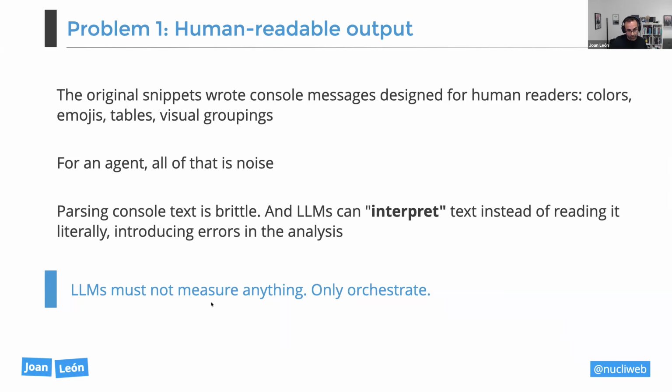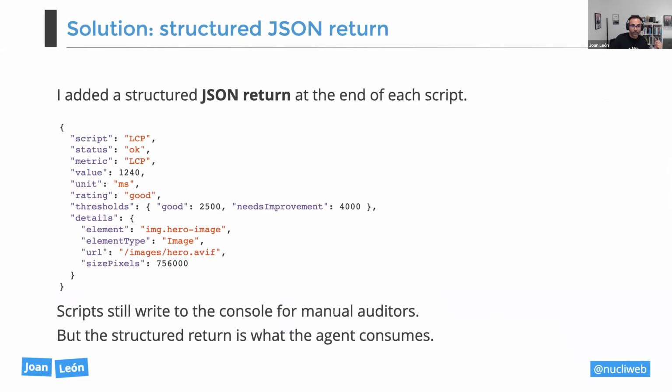So LLMs must not measure anything, only orchestrate. The solution is to create a return with a JSON structure, and the snippet has two outputs. The first one is console.log, which is not really a return. It's a function to show in the console all the messages that we need to check. And the return of the function is a JSON for the agents.